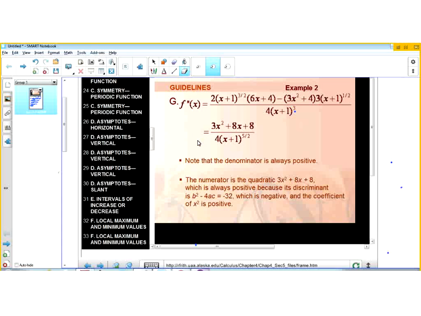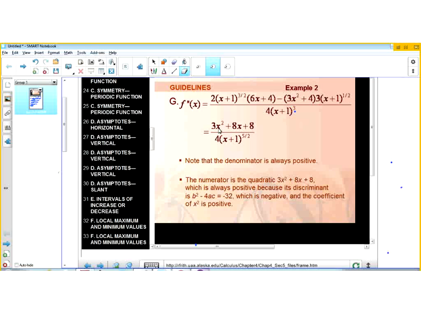The numerator is quadratic, which is always positive because its discriminant is -32, which is negative, and the coefficient of x squared is positive. So be careful with this. This numerator is a quadratic which has complex roots, but it's pointed up, and you'll need to find the vertex, but it's probably above the x-axis somewhere.